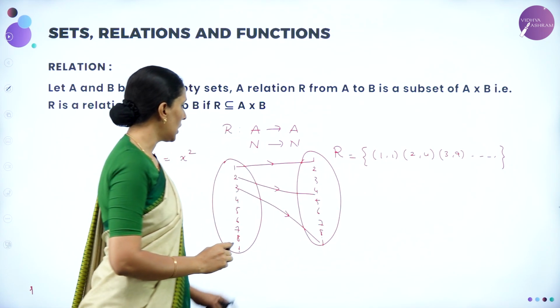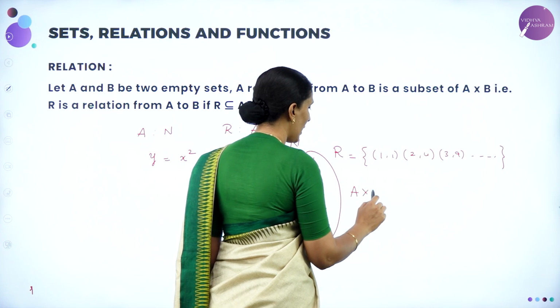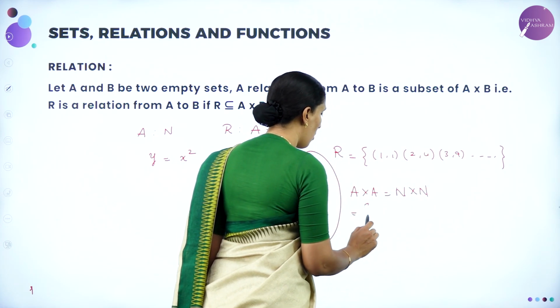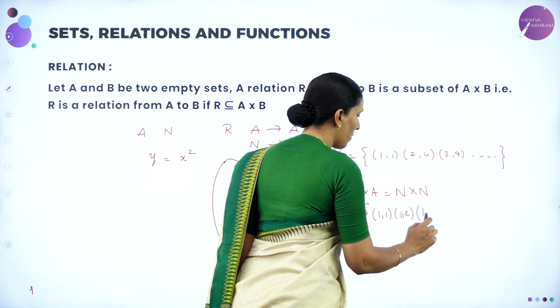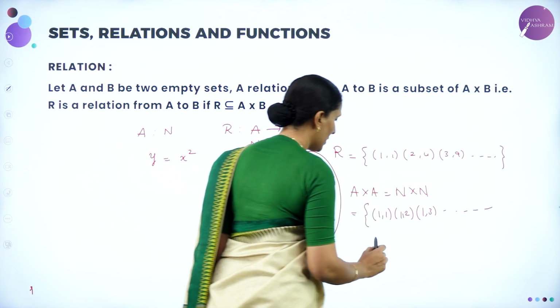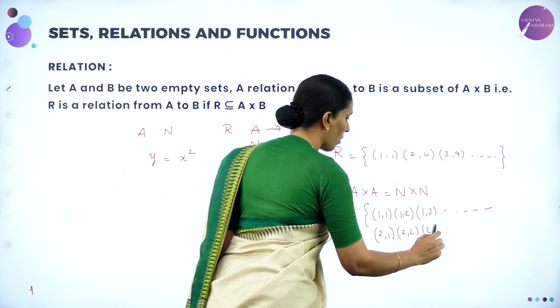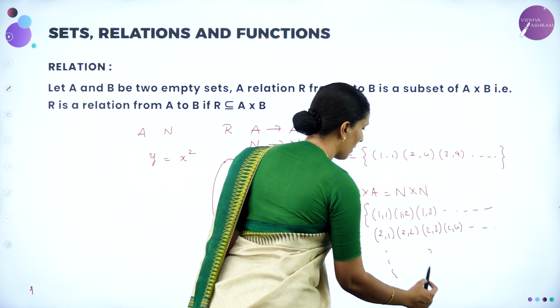But when I consider the Cartesian product of these two sets, A cross A or N cross N will be in the form of (1, 1), (1, 2), (1, 3) until the last number. Similarly, it goes on (2, 1), (2, 2), (2, 3), (2, 4) and it goes on until an infinite number of values.